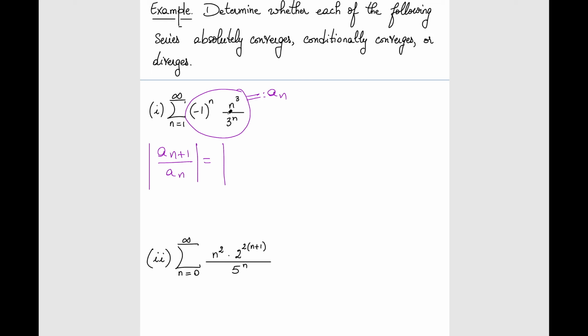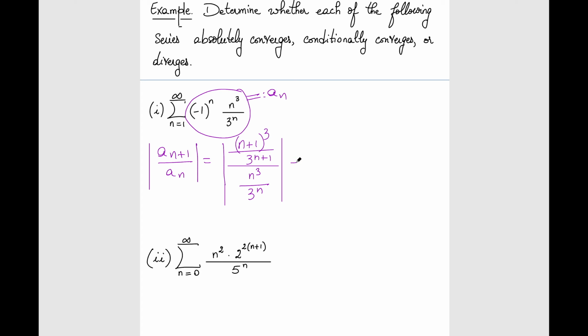So we're going to have (n plus 1) cubed divided by 3 to the power n plus 1, and then over, this is the a_{n+1} over a_n, n cubed divided by 3 to the power n. So we have this ugly looking quotient, but it is what it is.